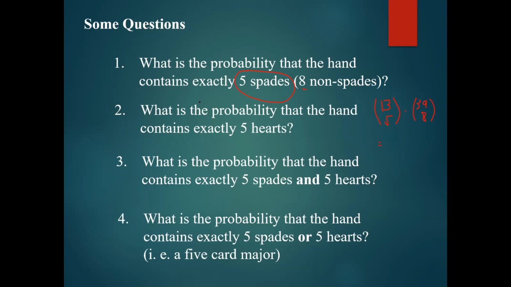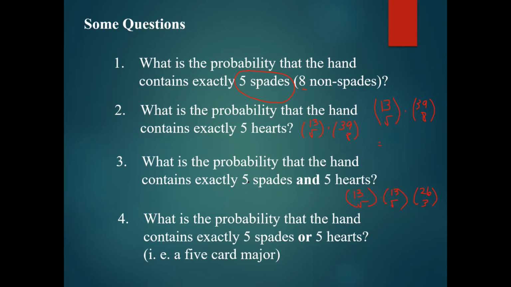How about the probability that the hand contains exactly 5 hearts? Same thing. What's the probability that the hand contains exactly 5 spades and 5 hearts? That's just 13 choose 5 times 13 choose 5 times 26 choose 3. This one is for the spades, this one's for the hearts, and we subtract 26 from 52, so that's 26.